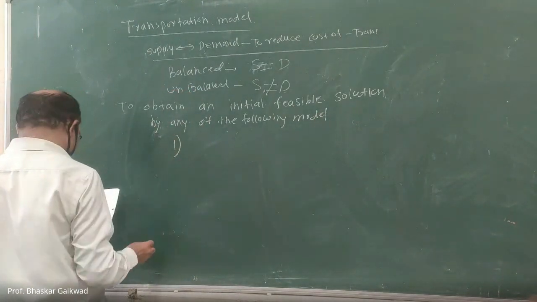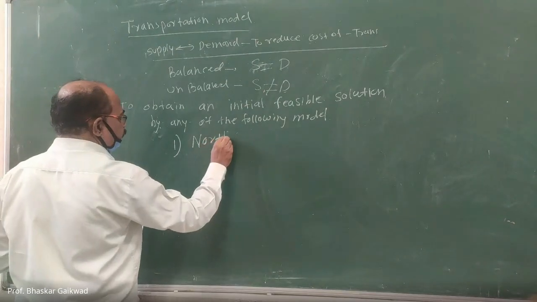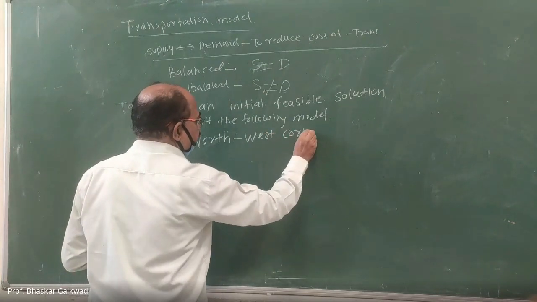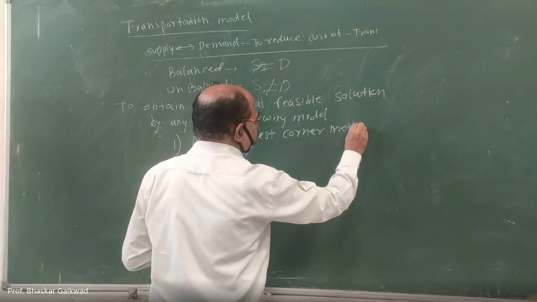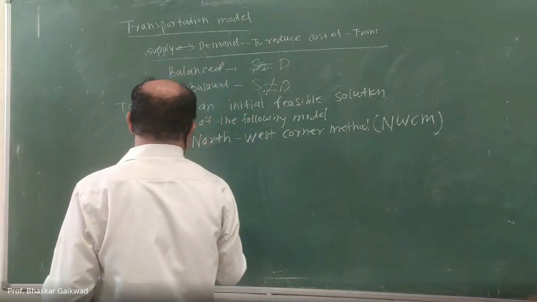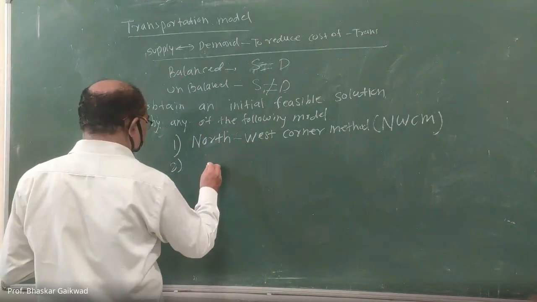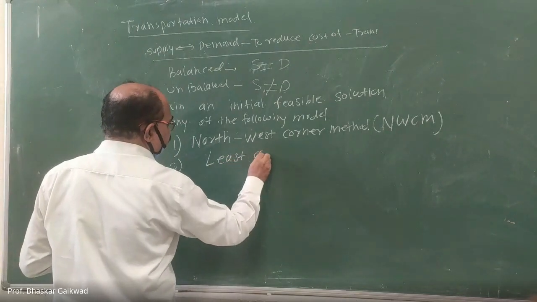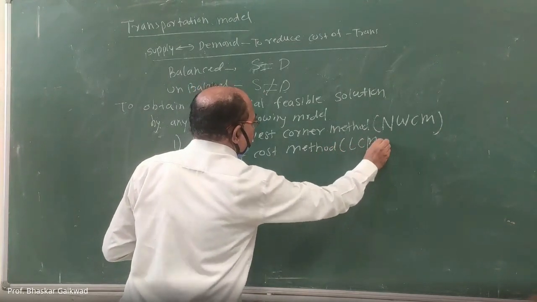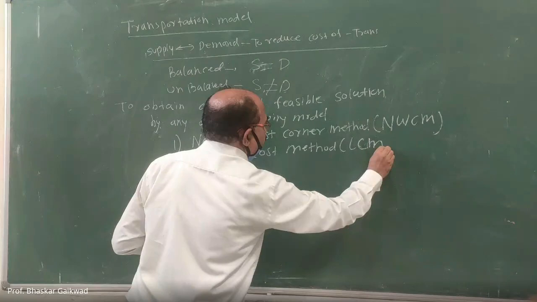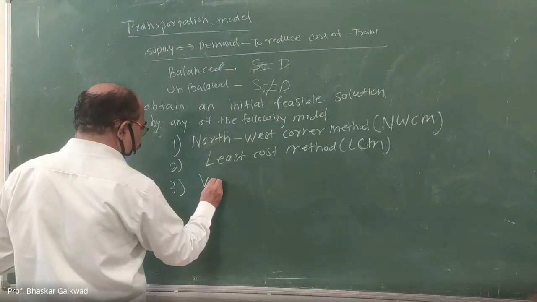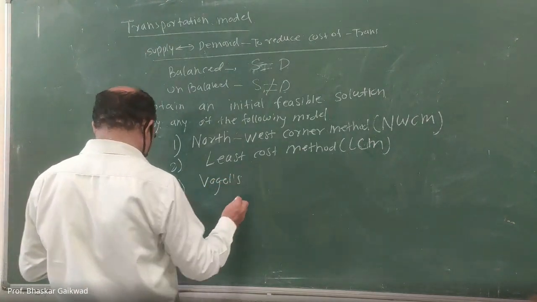First is the north west corner method. Second is the least cost method. Third is the VAM method, Vogel's approximation.